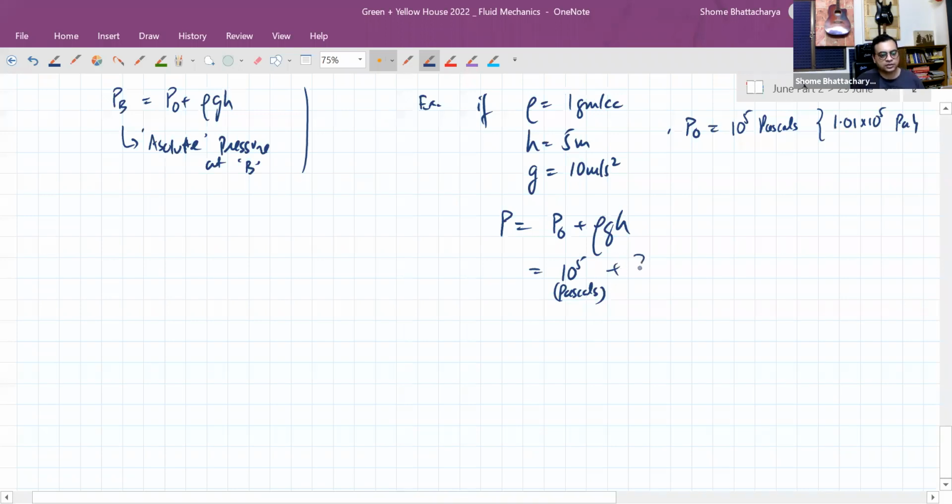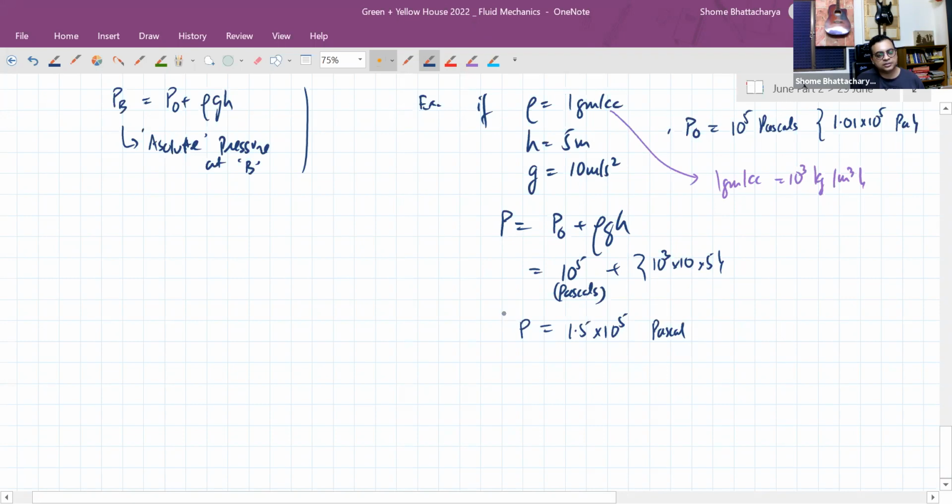Anyway, conversion becomes important here. So 1 gram per cc will become 10 raised to power 3 kg per meter cubed. This has to be substituted in SI units. So 10 raised to power 3 into 10 into 5. You can see this will become 1.5 into 10 raised to power 5 pascals.